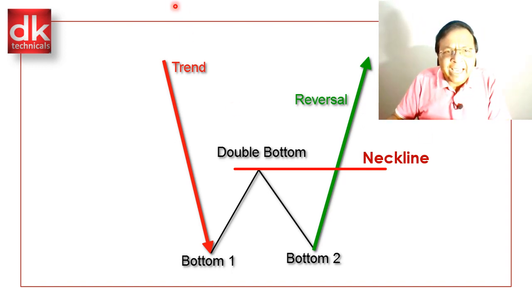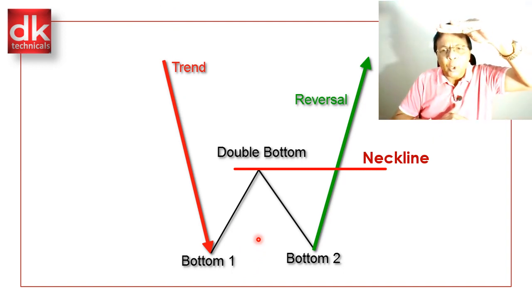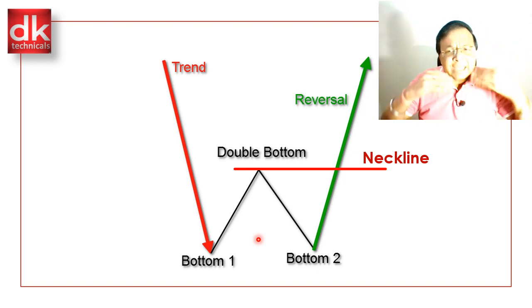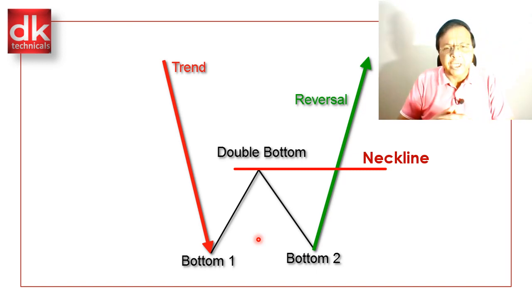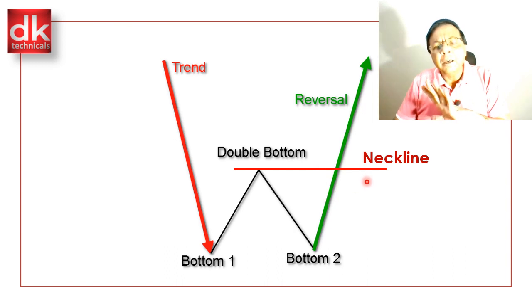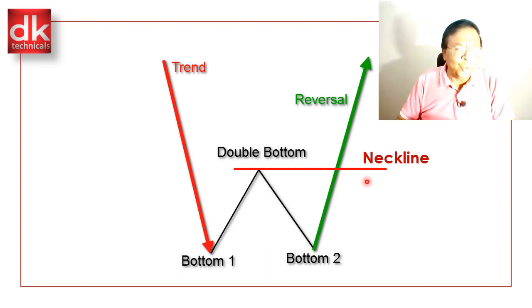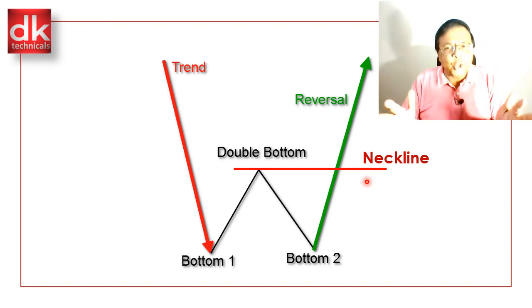Up till this stage, when the market was falling, our stance was sell higher and cover lower, or buy lower. So we were searching for short selling opportunities. But after this kind of reversal pattern, which is a double bottom pattern, has appeared and the price has broken the neckline, our stance has changed towards long trades. So trend is your friend.